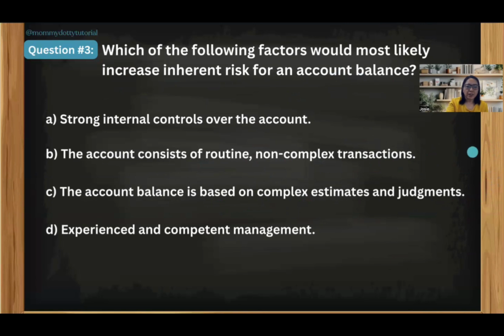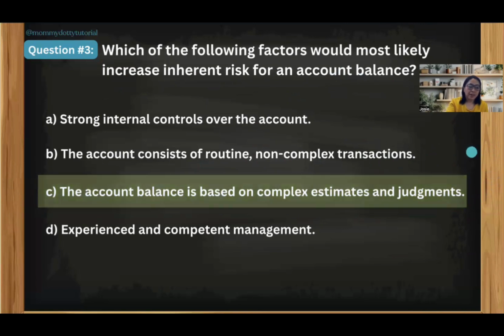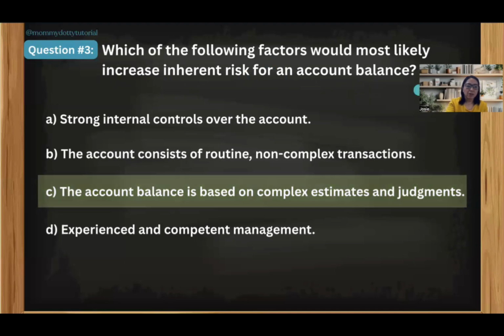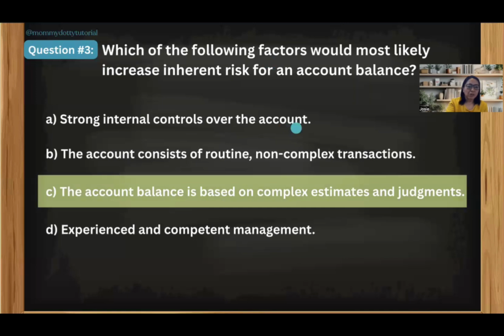The correct answer here is letter C. The account balance is based on complex estimates and judgments. So the question is, which of the following factors would most likely increase inherent risk for an account balance. Strong internal controls over the account. Your internal control is already strong, so that means your control risk is low.